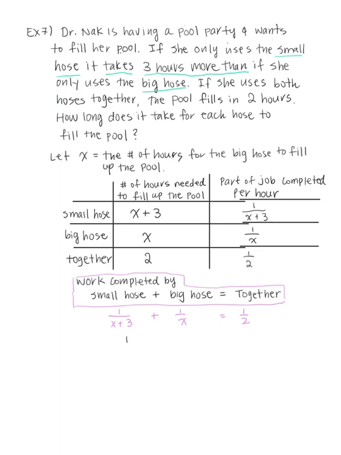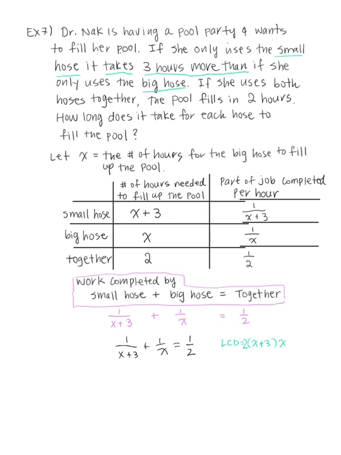So let me just rewrite it. Okay, so now to solve this, we should multiply everything through by the least common denominator. So what's the LCD? Well, that's x plus 3 and x and then 2, isn't it? So I'm going to write it as 2x times x plus 3, or you can just go 2x quantity x plus 3.